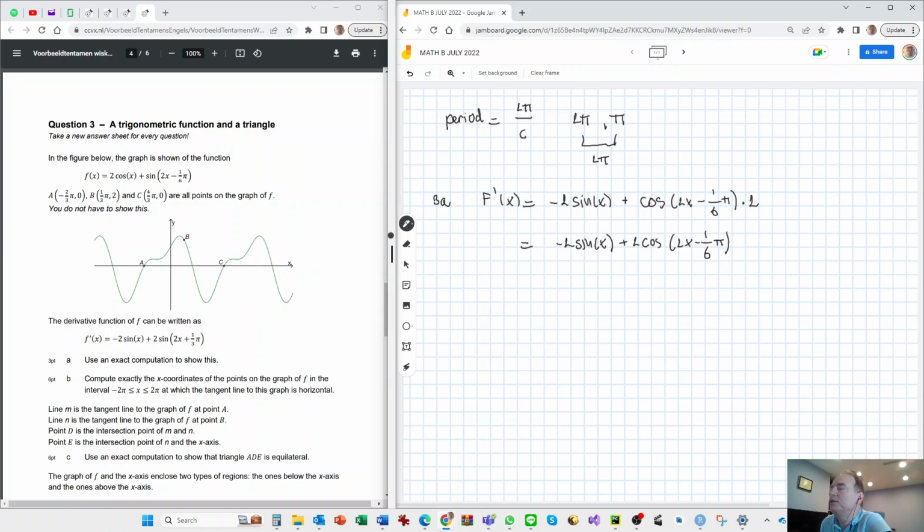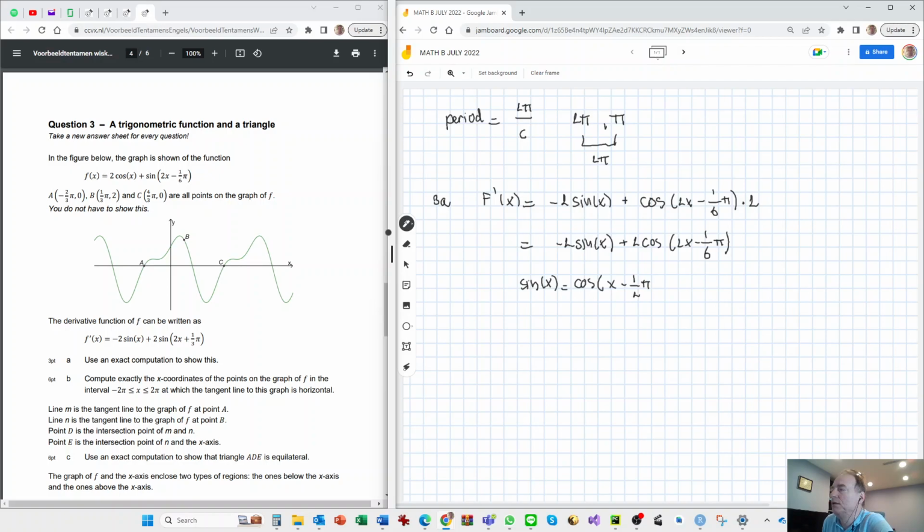And for this, you can use a symmetry property of the sine and cosine that is given in the materials. Basically, the sine of x is a translated cosine. It's cosine of x minus 1/2 pi.